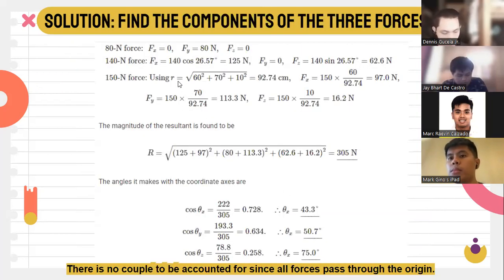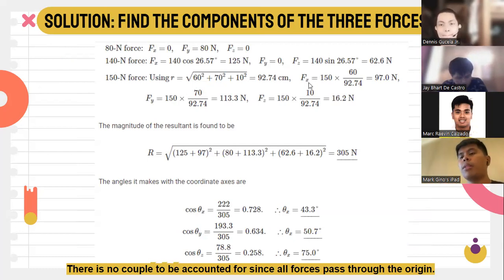So R is equal to the square root of 60 squared plus 70 squared plus 10 squared. Then it is equivalent to 92.74 centimeters. So we will use this resultant to solve for our F sub x, F sub y, and F sub z.